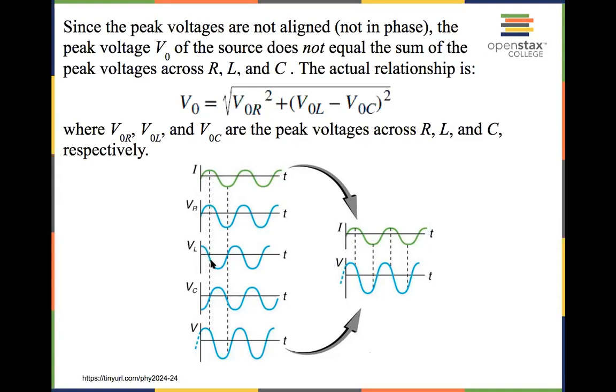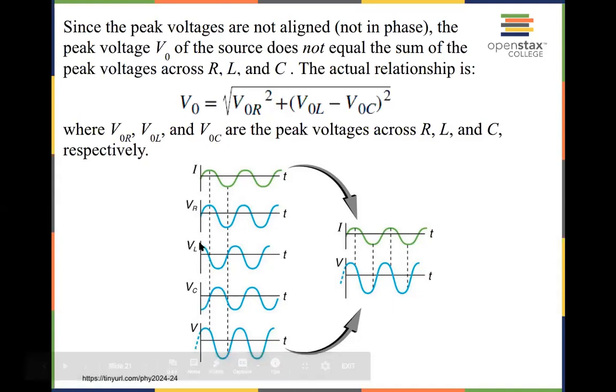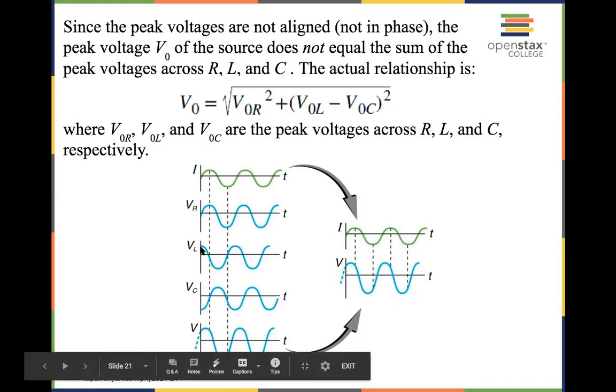For an inductor, the voltage leads by 90 degrees, or pi over 2, or 1/4 of a cycle. For a capacitor, the voltage lags by 90 degrees, or 1/4 of a cycle, okay? So for the combination of the two, they are opposite to each other by 90 degrees, and this one is the same here, okay.